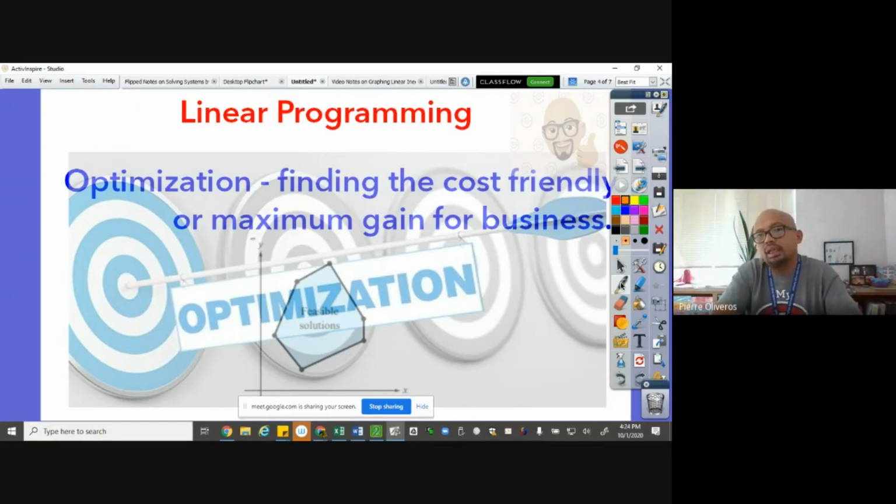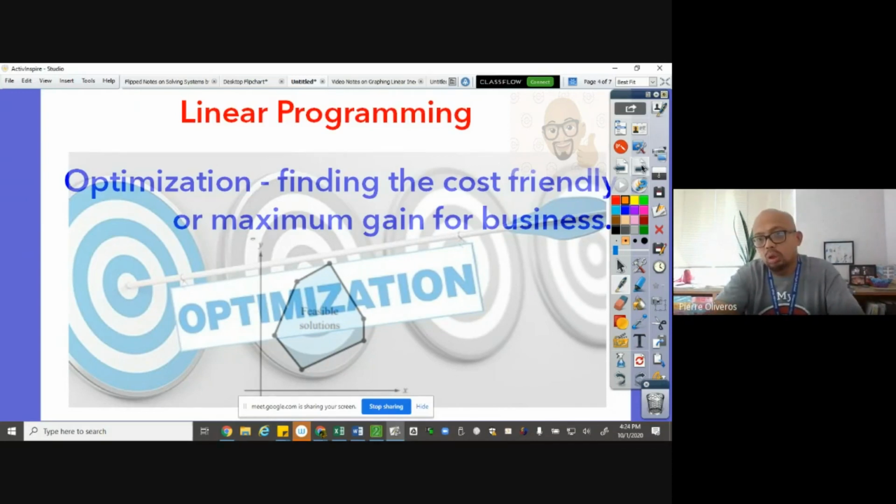Optimization is about finding the most cost-friendly approach, which is the idea in business and economics, to understand how they can gain much more. One type of optimization is called linear programming, which uses the logic of systems of linear equations and inequalities.